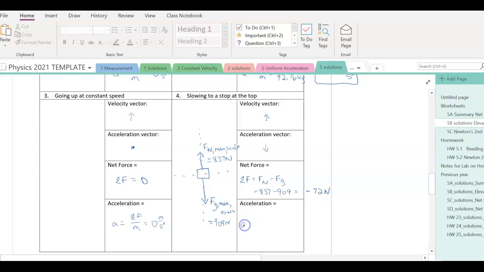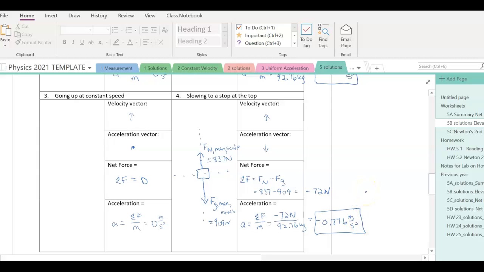And so the acceleration is that net force divided by his mass, which is negative 72 newtons divided by 92.76 kilograms. We've got a negative acceleration, 0.776 meters per second squared.